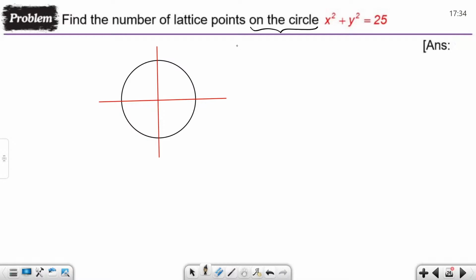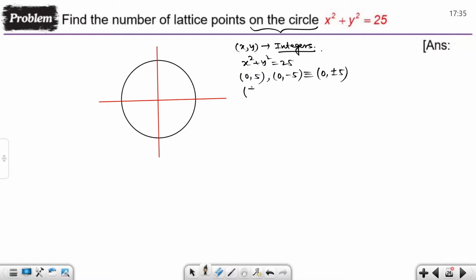That means your x and y are both integers. So what are the points that are possible? When x square plus y square is 25, what are the possibilities? It can be 0 comma 5, or it can be 0 comma minus 5, right? Let me just write it this way. It will be 0 comma plus minus 5, okay?